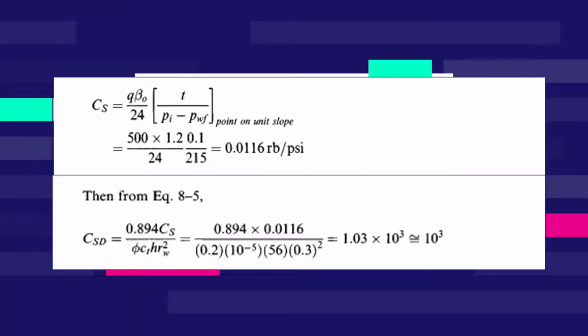Now, the CS computation gave us 0.0116 RB per psi. Then from Equation 8.5, the CSD is equal to 1.03 times 10 raised to 3, approximately 10 raised to 3.